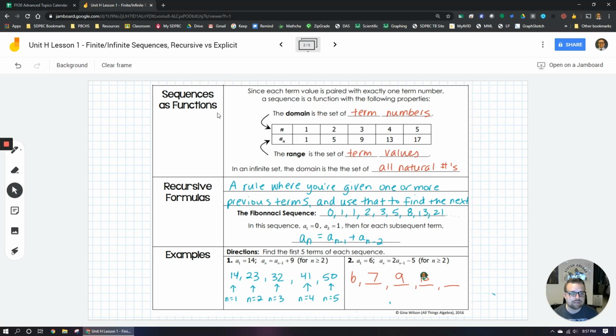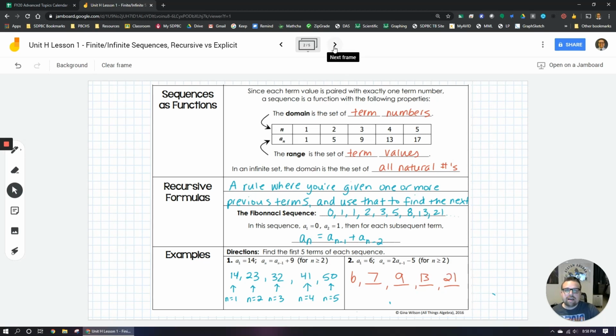So it's not as easy as just saying, add 1 or add 2 every time. You literally have to either figure out what the rule is or use the one that they gave you in order to solve these problems. Okay, so our last term is going to be double the one before it, minus 5. So 13 times 2 is 26, and 26 minus 5 is going to give me 21.